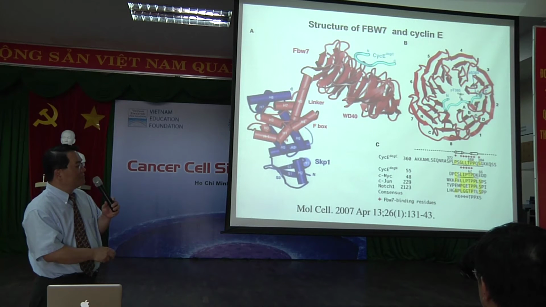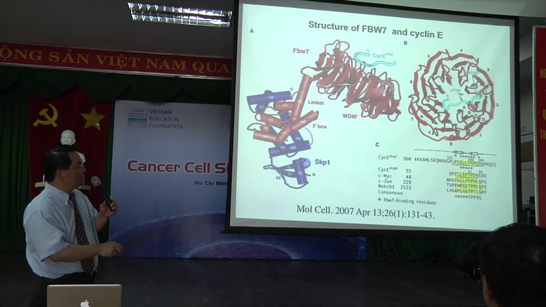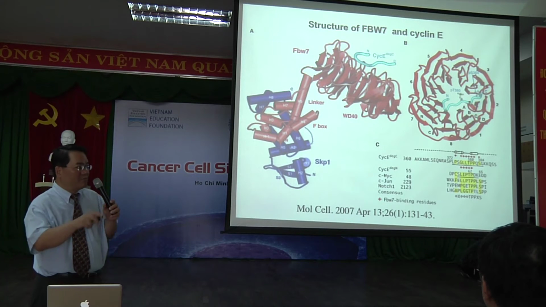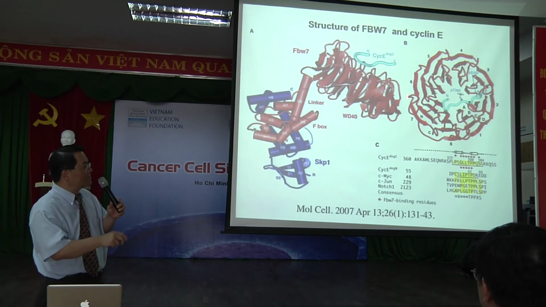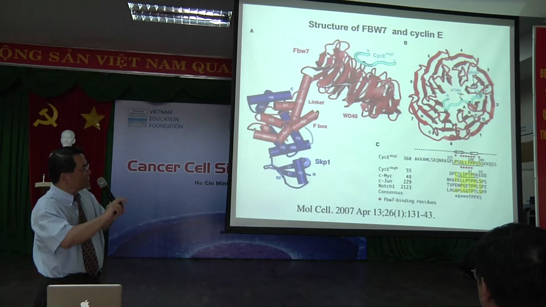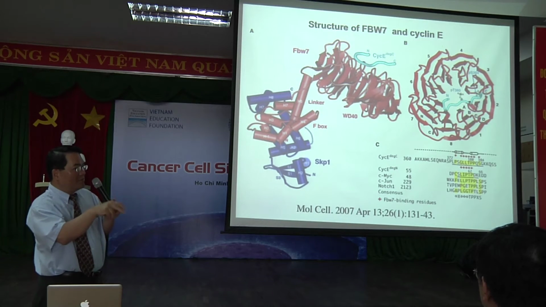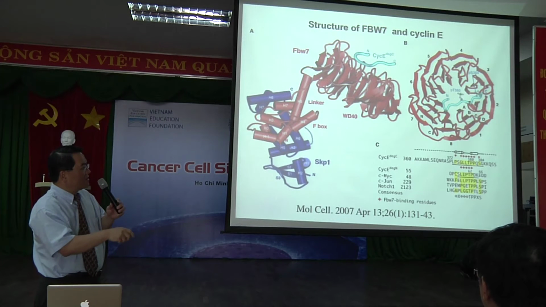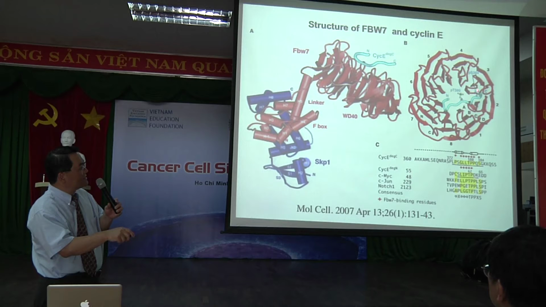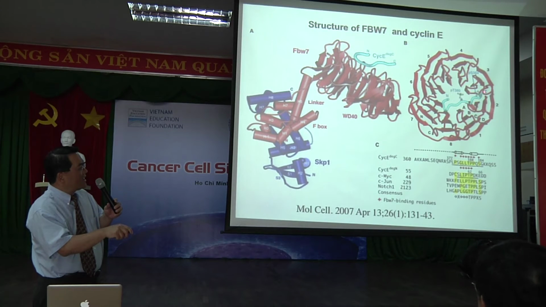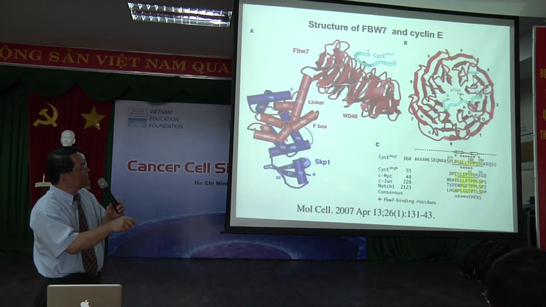What is a WD40 repeat? A WD40 repeat is a propeller-like structure like this. If you look at the other side, it looks like the propeller of a boat. The structure is able to recognize the substrate, cyclin E.